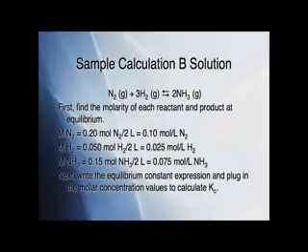And finally, our ammonia is 0.15 moles of ammonia divided by 2 liters, which is 0.075 moles per liter of ammonia. Next, we'll write the equilibrium constant expression and plug in the molar concentration values to calculate K sub C.